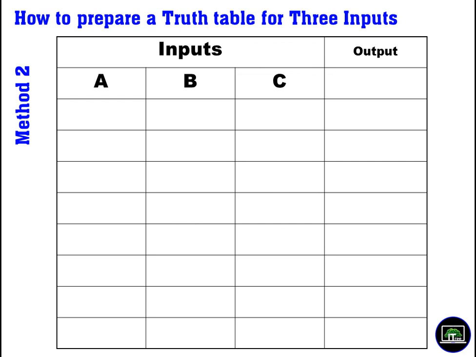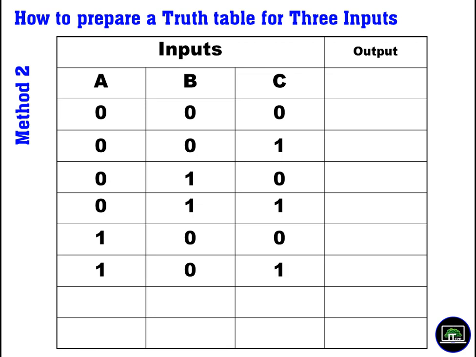Second method, you think about it horizontally. First you fill 0 0 0, then 0 0 1, then 0 1 0, 0 1 1, 1 0 0, 1 0 1, 1 1 0, 1 1 1.